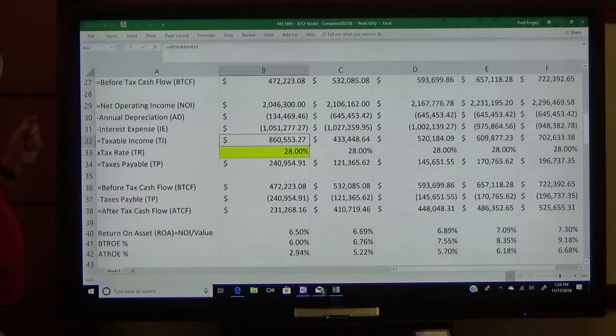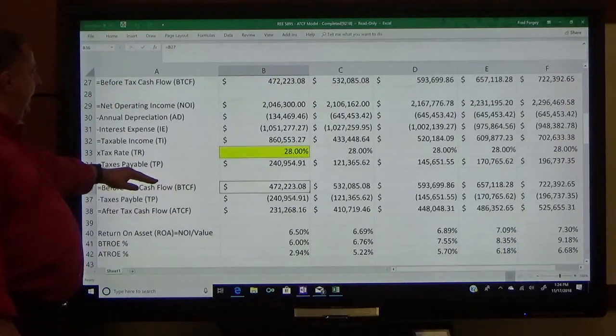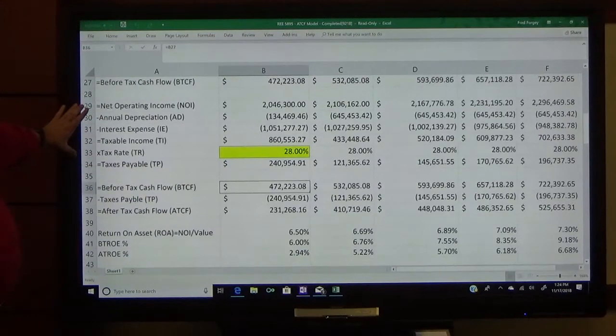Okay? Now, the part right below this is where, and there's a reason why I've got in both instances an empty line here and an empty line here. Because this piece from 29 to 34, that is a tax subroutine, okay?